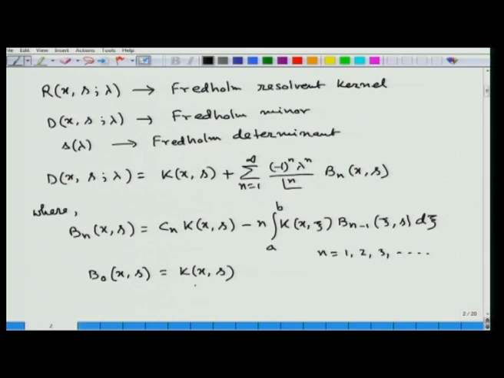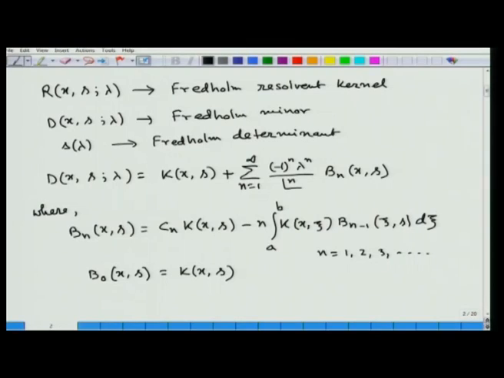So, using this definition B_0(x, s) equal to K(x, s), the formula for the Fredholm minor can be written as B_0(x, s) plus sigma n running from 1 to infinity and so on. Now, in order to evaluate this B_n(x, s), we need the values of C_n.